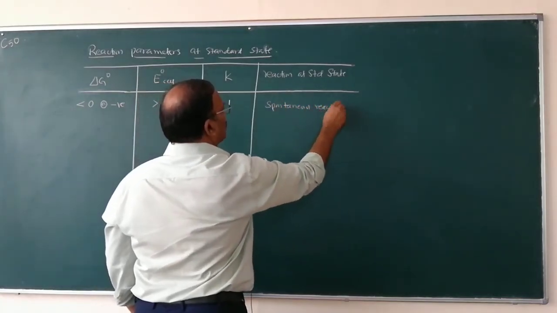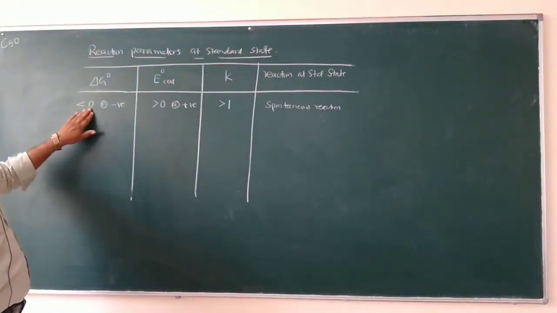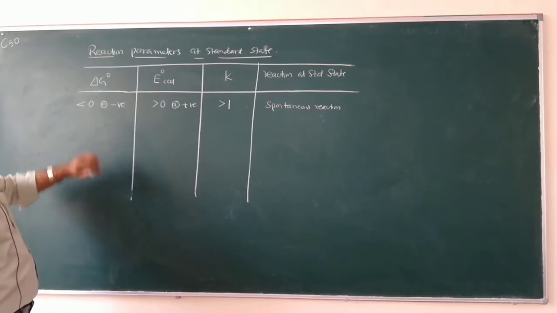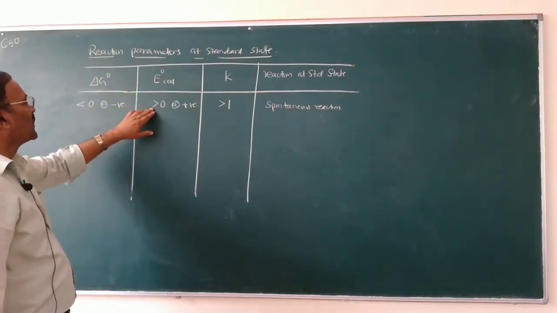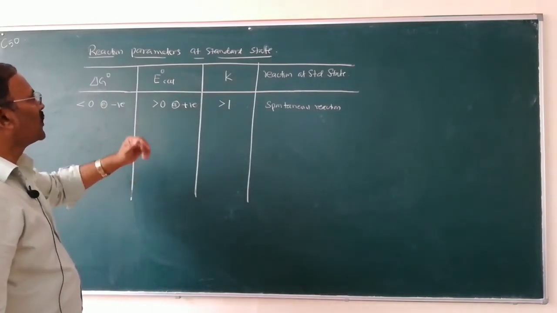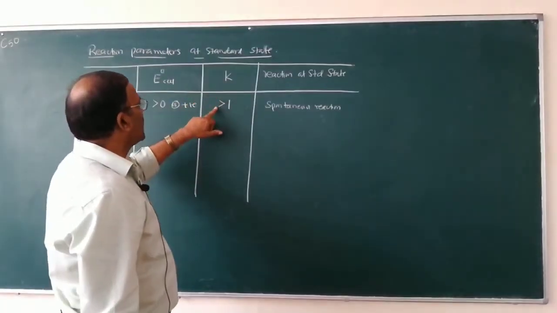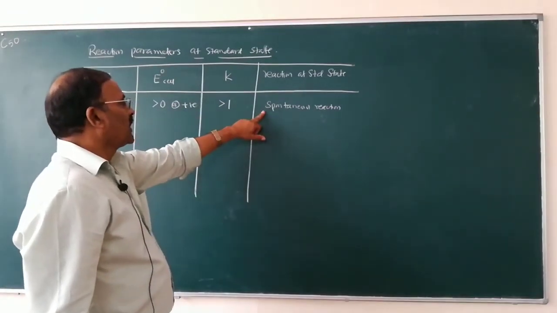If the value of delta G is less than 0 or negative, if E naught of cell is greater than 0, or if the equilibrium constant is greater than 1, it is a spontaneous reaction.